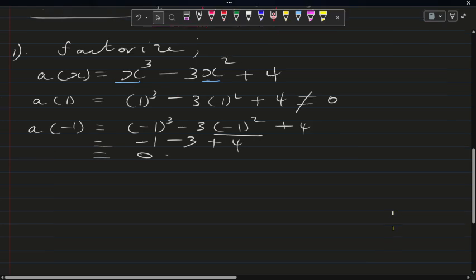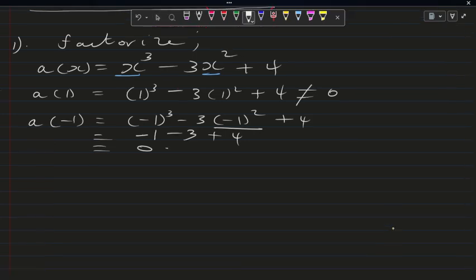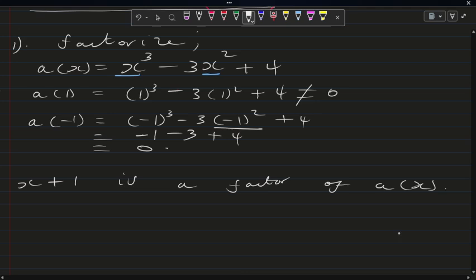So minus 1 is the value that we are looking for. Now we can conclude that x plus 1 is a factor of a of x. This is very important.